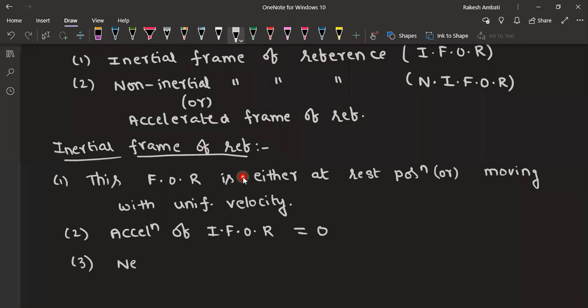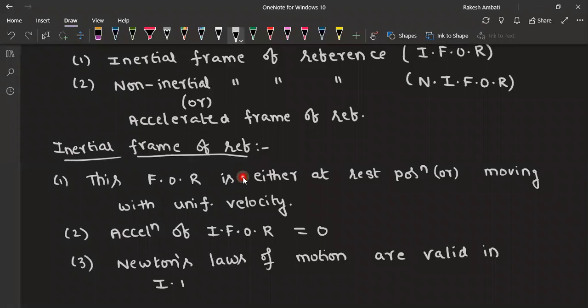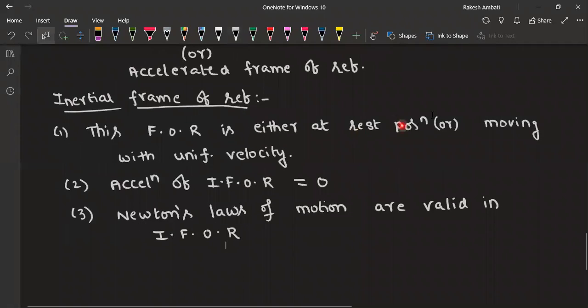And the third point, Newton's laws of motion are valid in an inertial frame of reference.